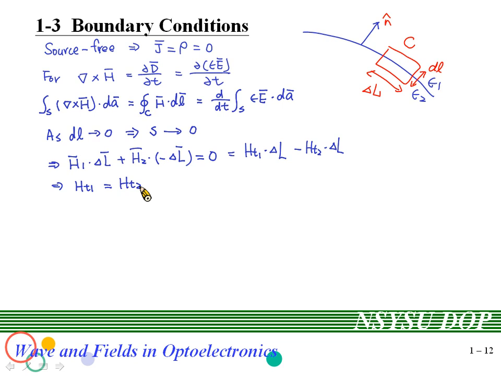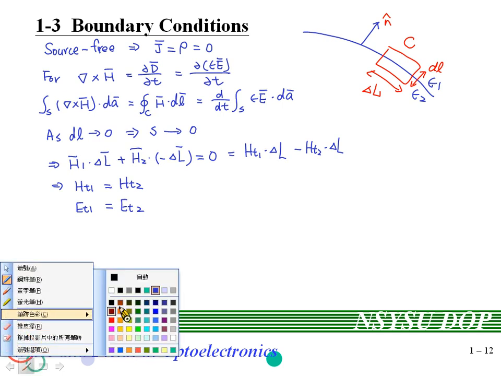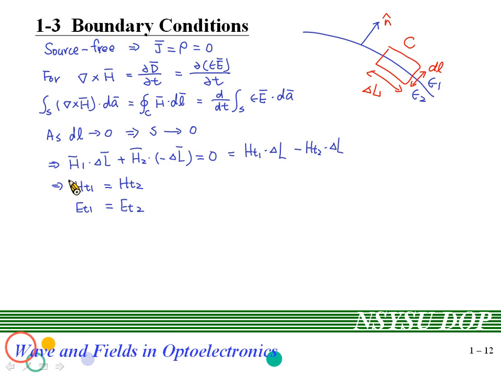The same process can be applied to curl E, and you will have a similar conclusion that Et1 will be equal to Et2. So these are the important boundary conditions for EM waves.